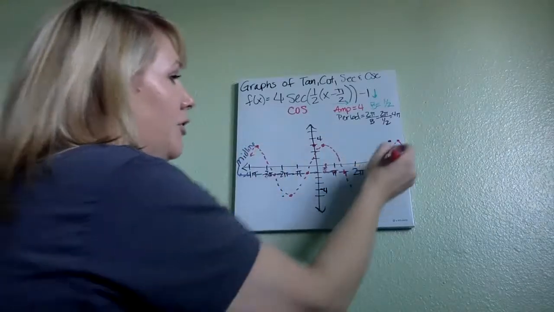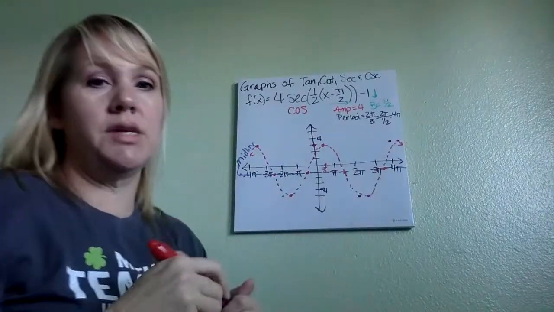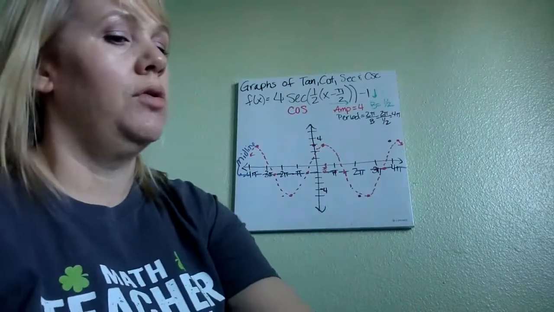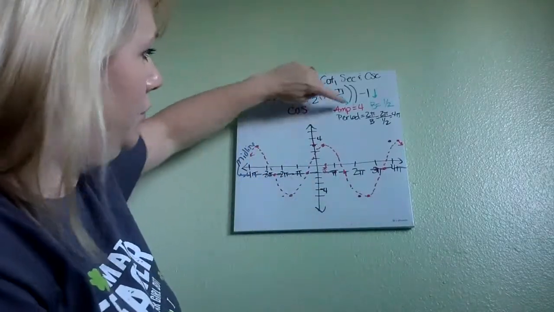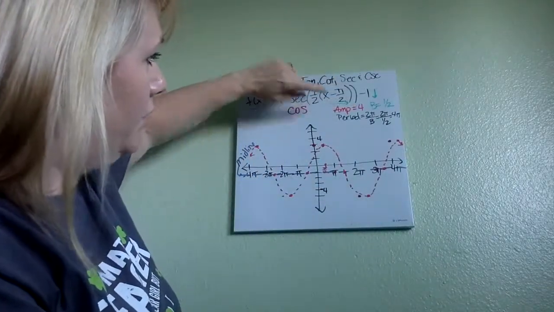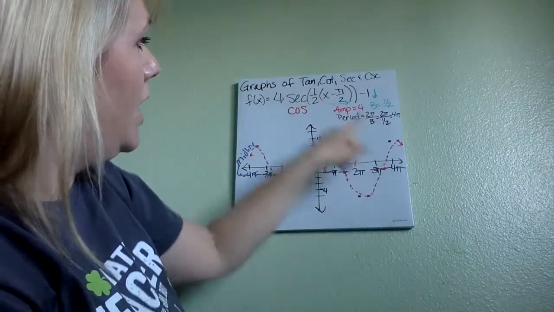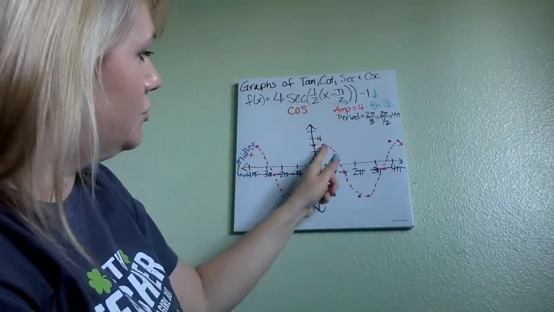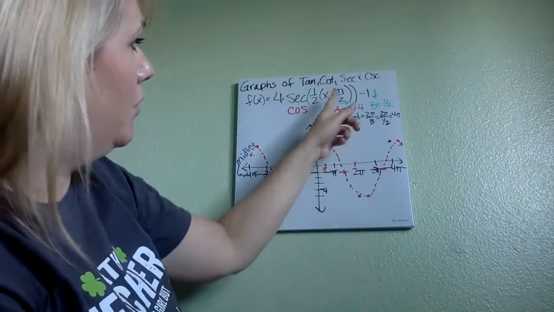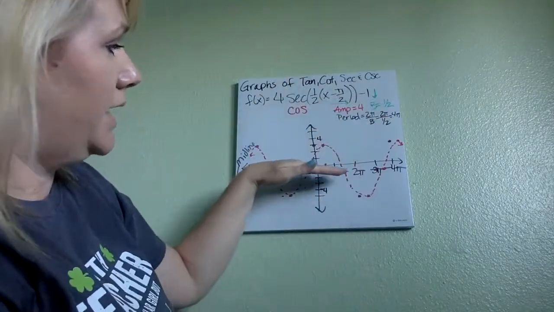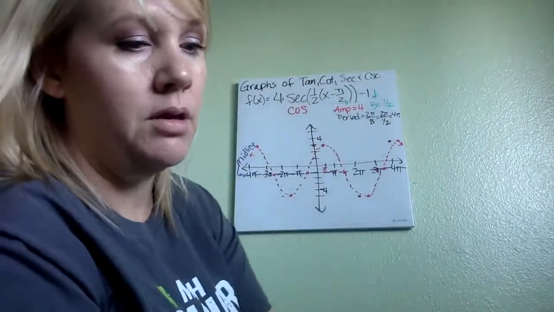Okay, so that's everything. If I was just graphing the cosine function, I'd be done right now. So if I've graphed the amplitude of 4, I've graphed the period of 1/2, that's my 4 pi right here on there. I've shifted it to the right, that's each mark, right? I've moved each mark over pi over 2, and the midline, a -1, is my shift down.